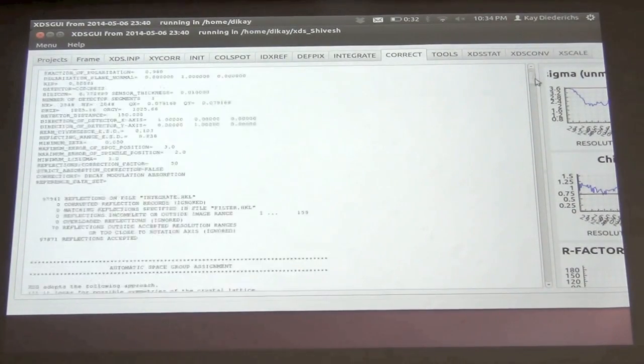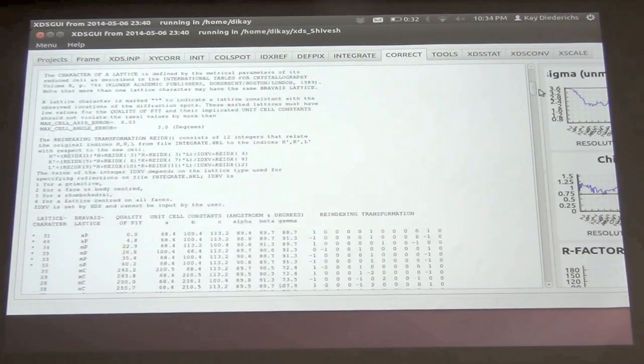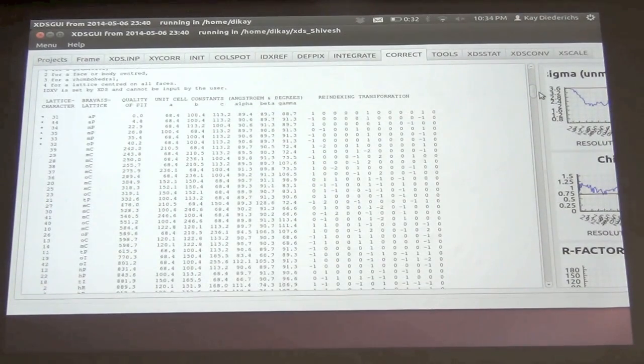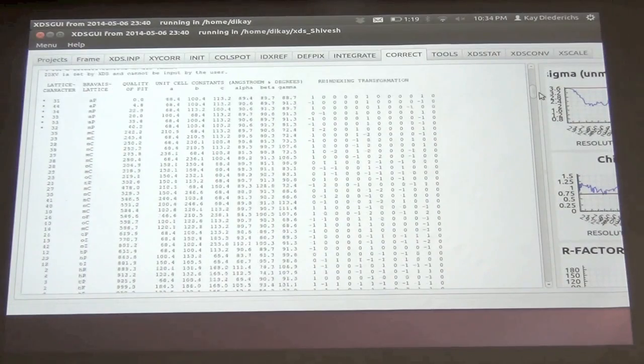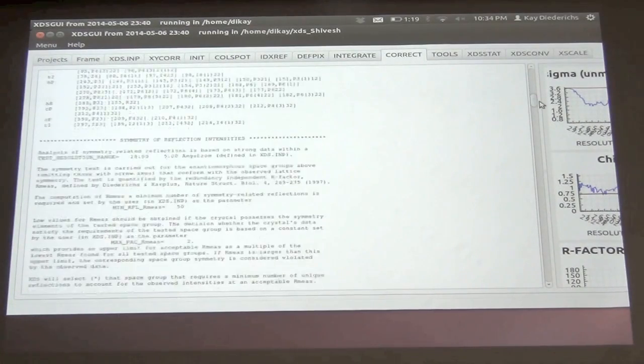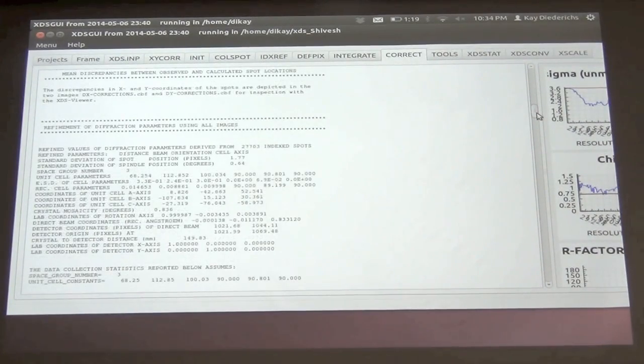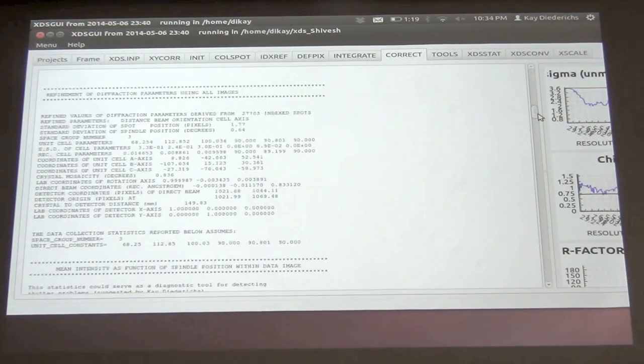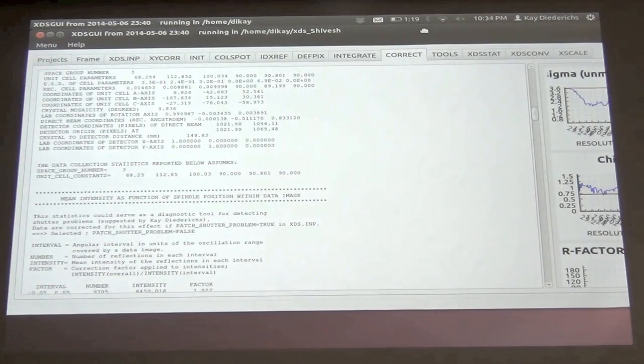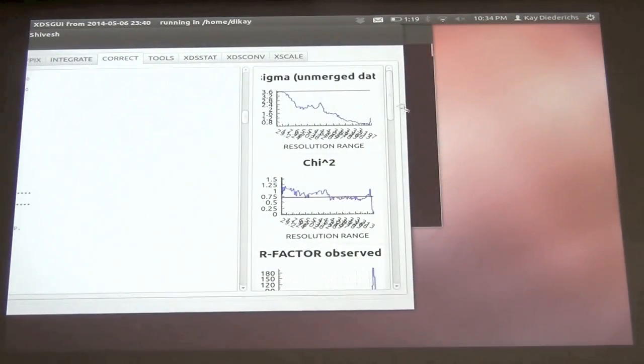Ultimately, this tries to find out the space group also, and in different lattices it tries to scale the data, and as it seems, P1 gives the best R-meas for these data. So at the moment it seems to be more like a P1 crystal, and it should be reintegrated in P1 using the geometry that it found in this step.